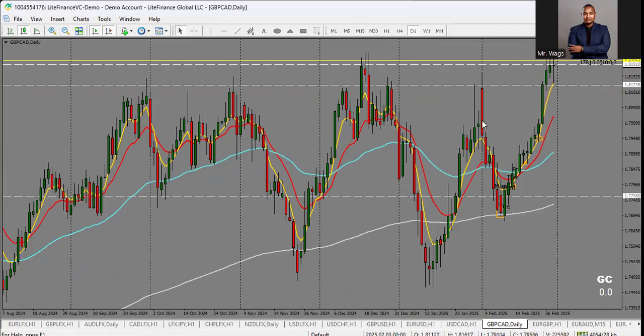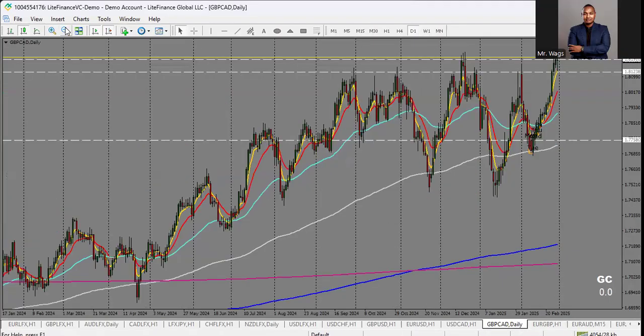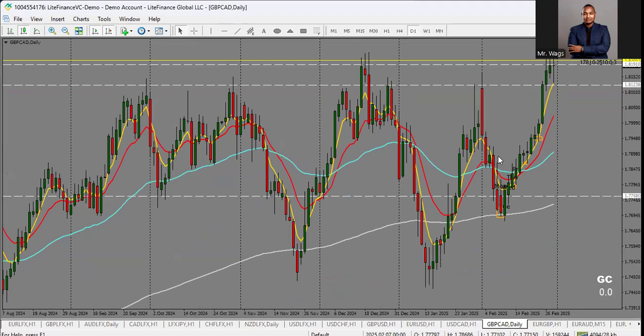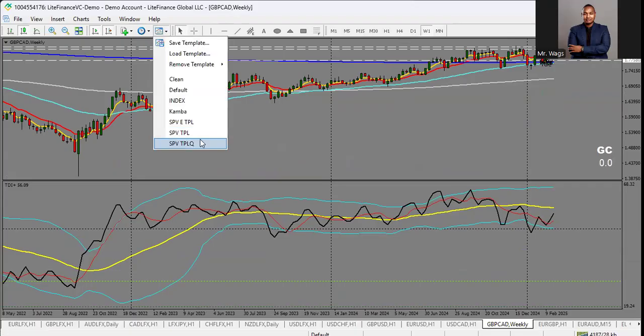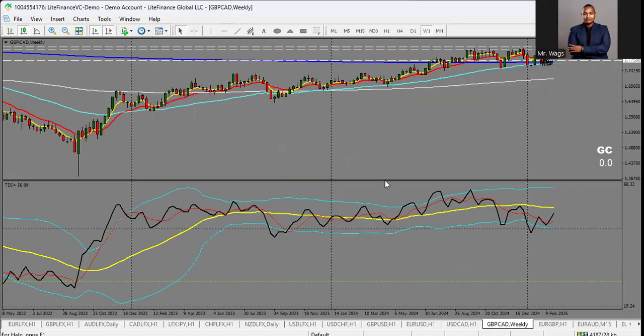So for example, here we had sellers, so we had buyers come in, and above these areas, this is a liquidity pool area. So above here, we have a liquidity pool area, and you can see the movement of price is very sharp, trying to find that liquidity zone up here. And let me load a new template here.